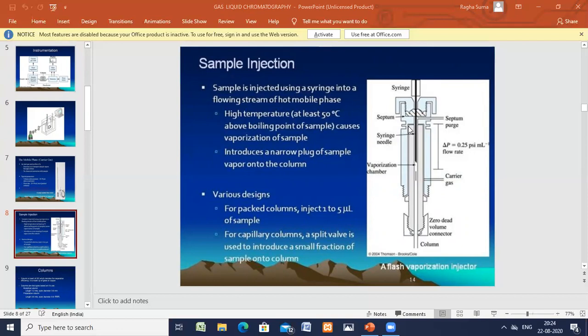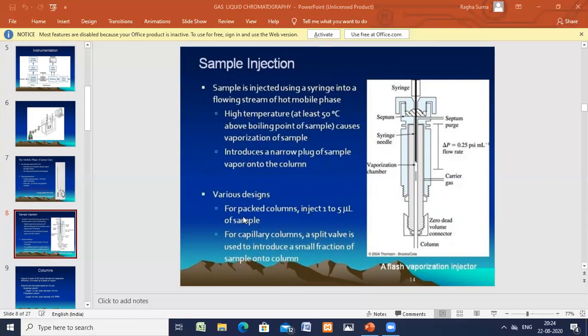It goes into the sample chamber, the sample injection port, and it goes into the column. The sample is in the oven and it is getting vaporized. High temperatures are maintained, vaporization is caused and it introduces a narrow plug of the sample vapor into the column.